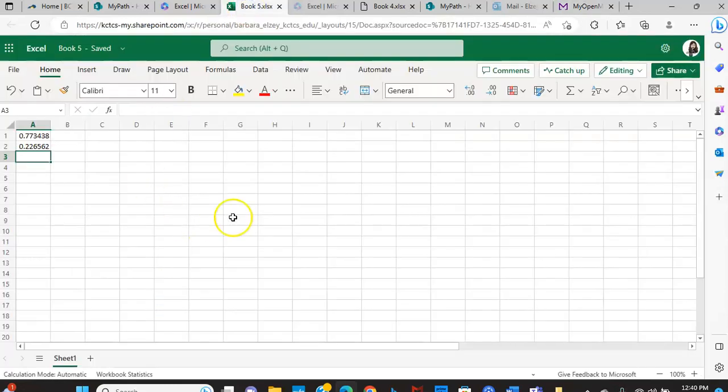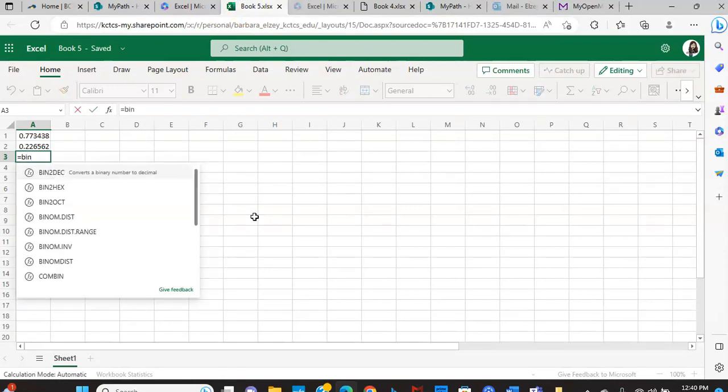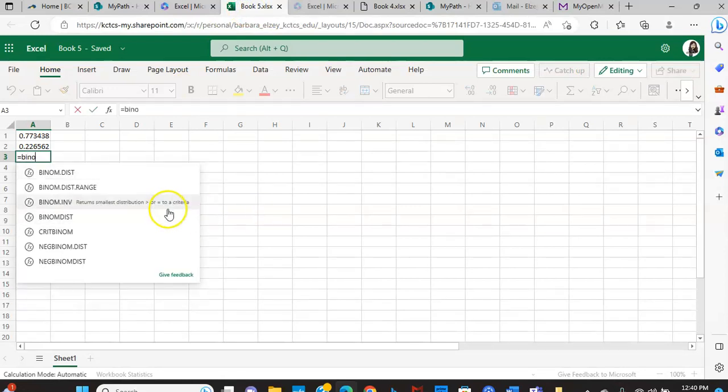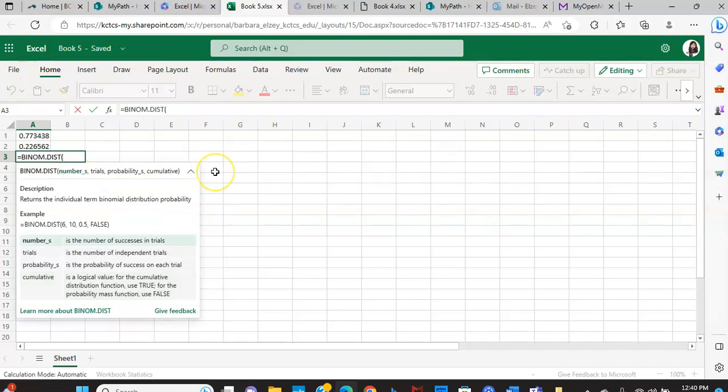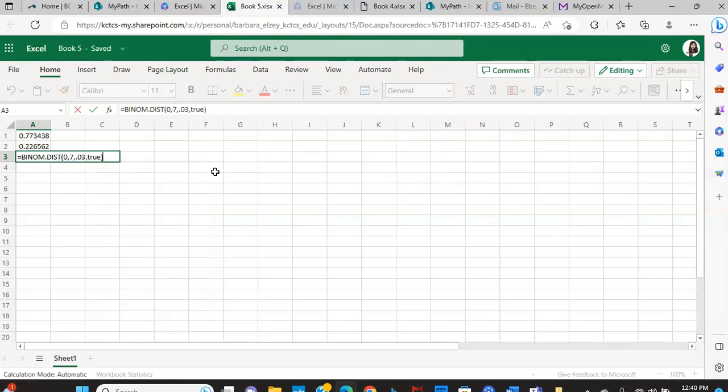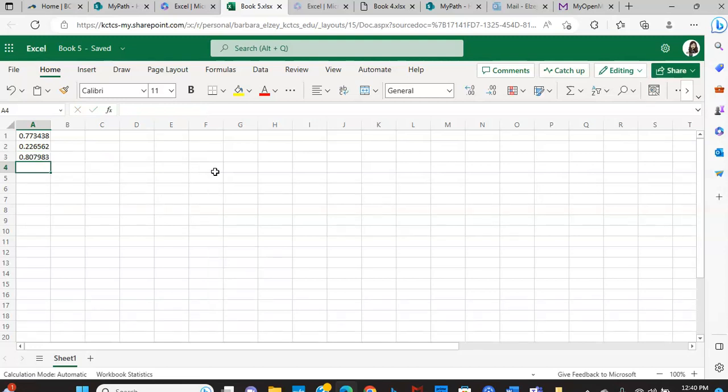All right, so doing the same thing, we'll have equal binom distribution, and 0 successes, trials will be 7, probability was 0.03, and cumulative is true. And that probability is 0.807983.